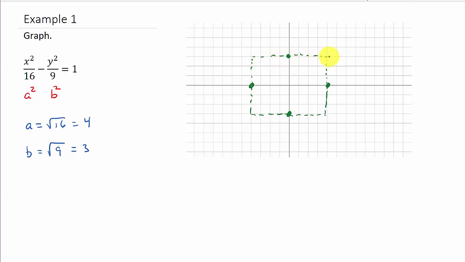The reason that we're drawing all this in as a dotted line is because it's hidden. That means it's not part of the graph. We use this as a guide. Then we draw our asymptotes, connecting the diagonals of this box here. And so here's our asymptotes.